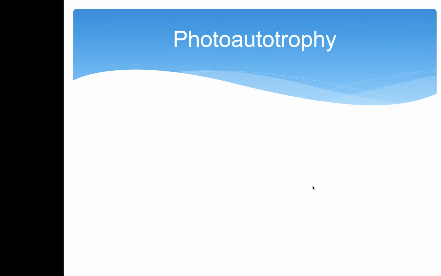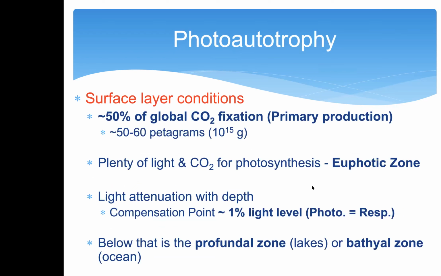All right, so we've talked about the significance of photoautotrophy or photosynthesis. And so I just want to kind of tie a bow around this and give you a general sense. It's thought that about 50% of the world's carbon fixation or primary production occurs in the oceans, right?